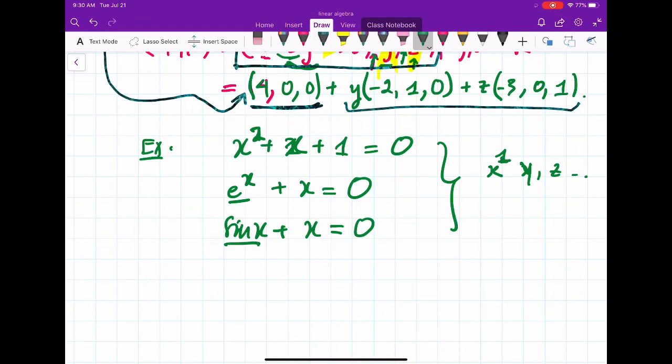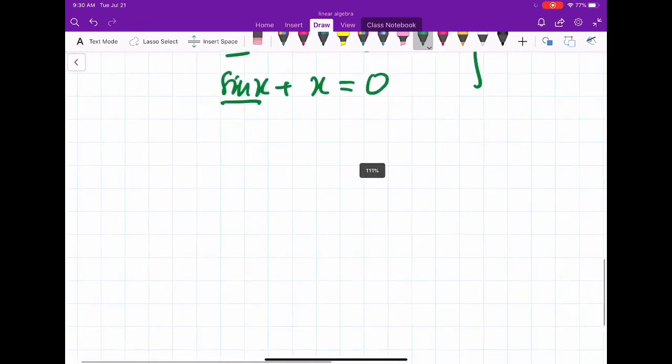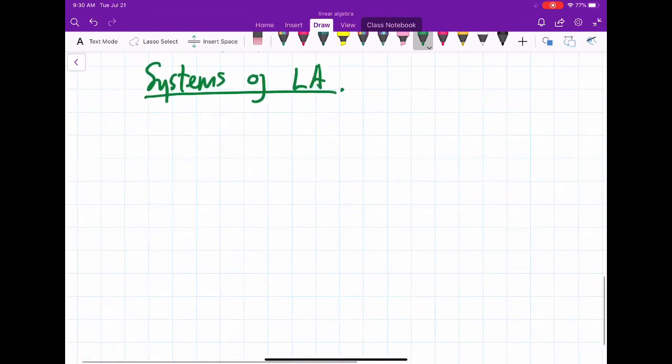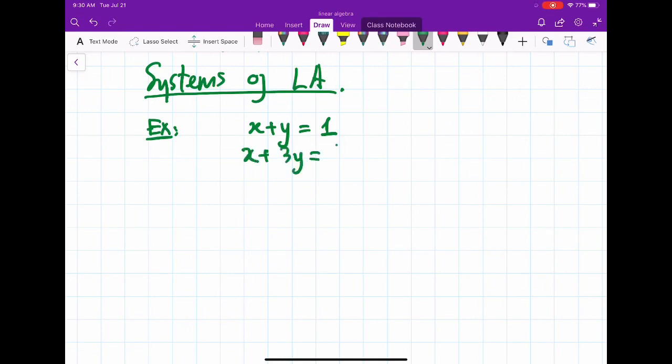All right, now let's talk about systems of linear equations. I think we already discussed that in the very first example, but it's okay to repeat it again here, right? I remember we studied some system like this: x plus y equal to 1, and x, let's say, plus 3y equal to 5.